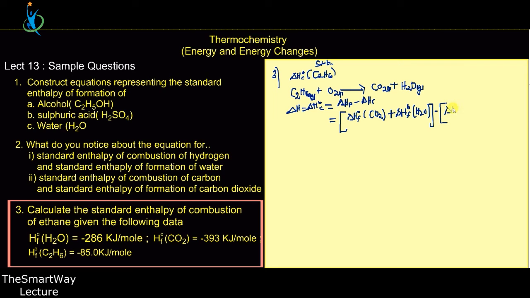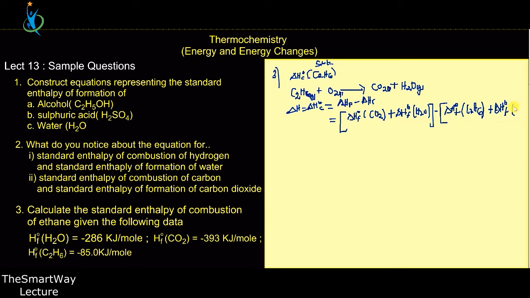So that is also the same: the standard enthalpy of formation of the first reactant, which is the ethane, C2H6, plus the standard enthalpy of formation of the oxygen. So this is what they asked us to find, and in our last lectures we did it.